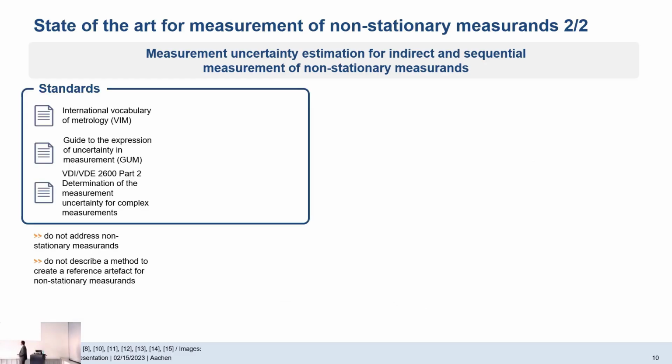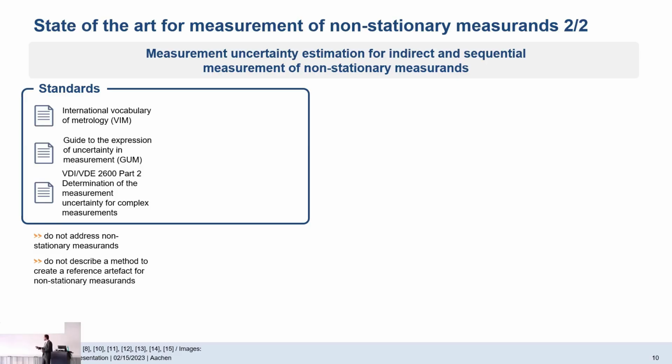If we look into the common state of the art, let's say the typical standards here, like the International Vocabulary of Metrology or the Guide to the Expression of Uncertainty in Measurement, the GUM, we see that these documents do not address non-stationary measurements. And they also do not describe a method to create a reference for non-stationary measurements.